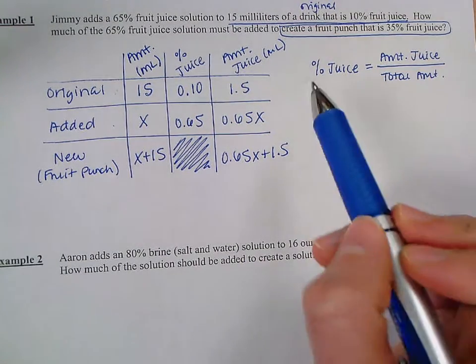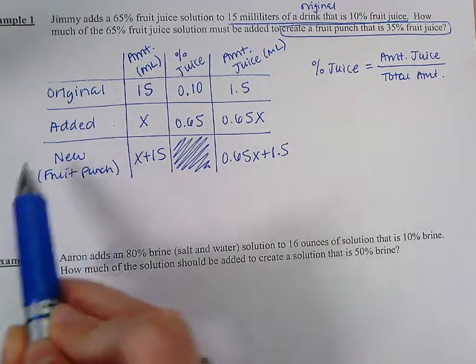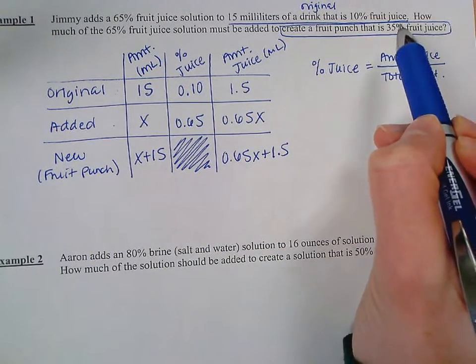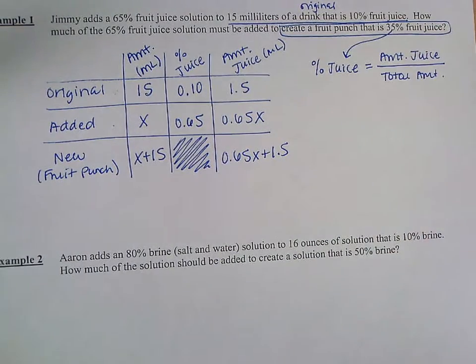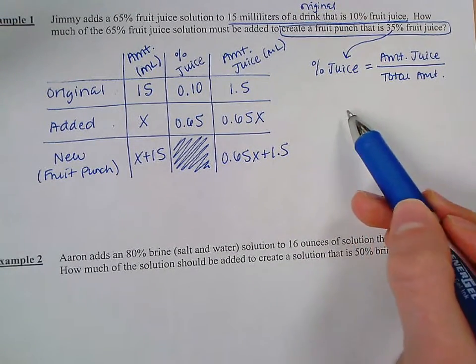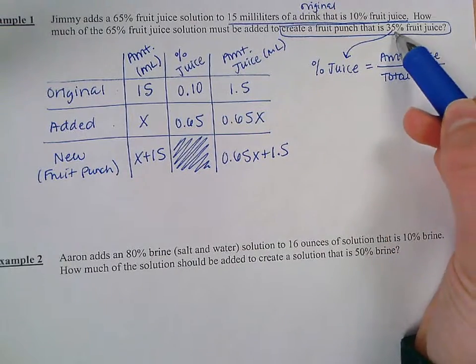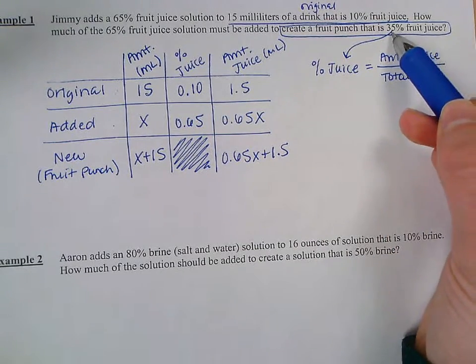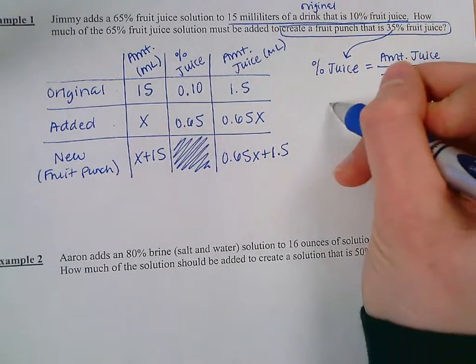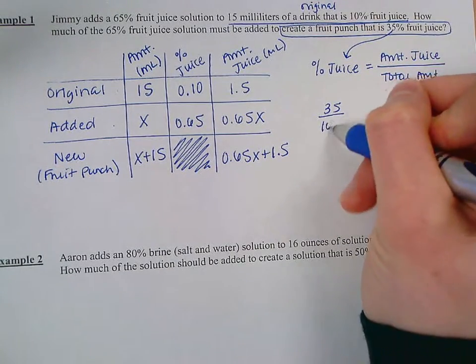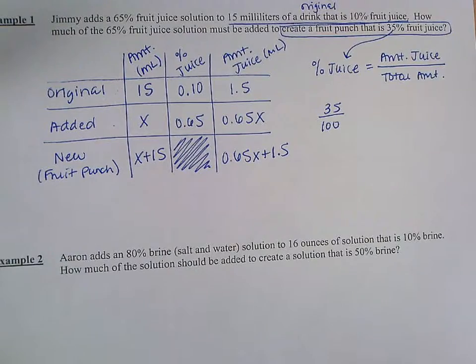So because I want my new fruit punch to be 35% fruit juice, I'm going to put the 35% here. But rather than writing 0.35, I can write a percentage as a fraction. A percentage is just that number divided by 100. So 35 divided by 100 is 0.35. That is 35%. So I can write that as a fraction.